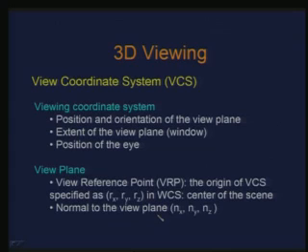And let us say the normal to the view plane is defined by the vector n, nx, ny, nz. This is the normal to the viewing plane. So, that basically locates the viewing plane.